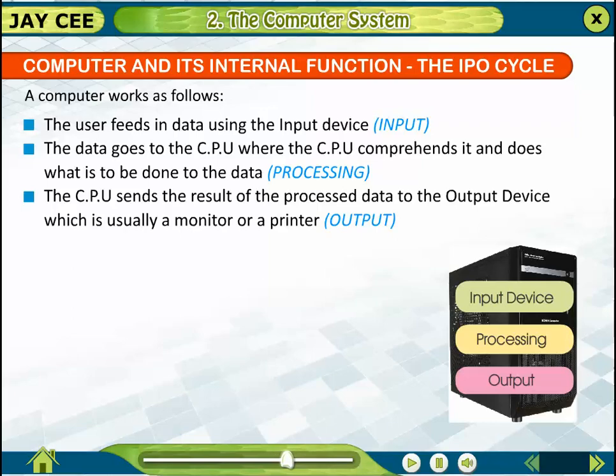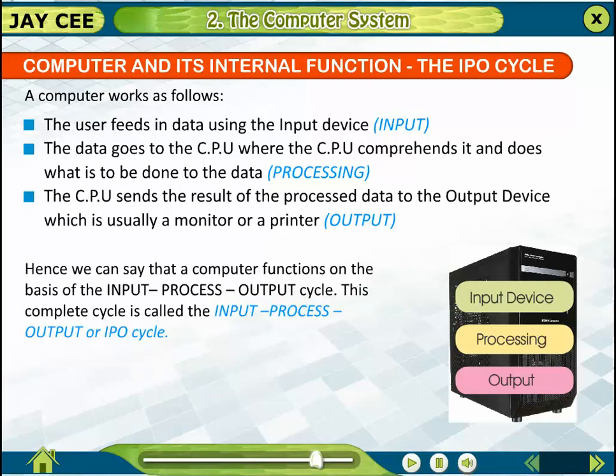The CPU sends the result of the processed data to the output device, which is usually a monitor or a printer. Output. Input device, processing, output.